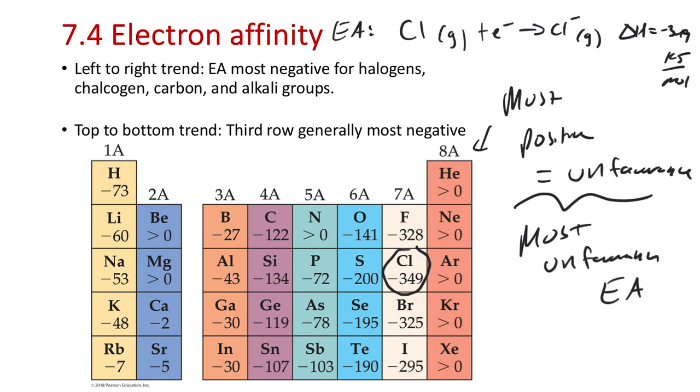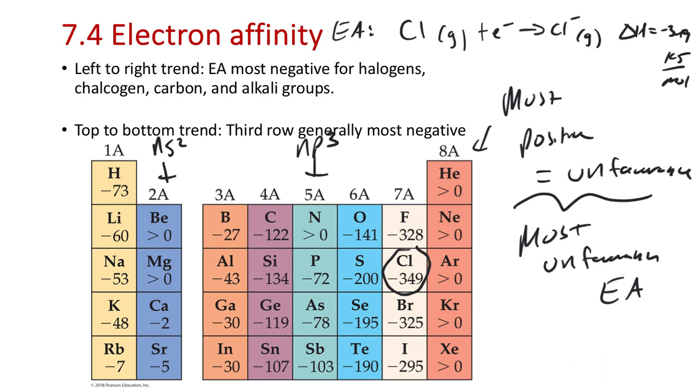The most positive electron affinity is bad, because it means it takes energy for the element to absorb an electron. The other groups are mostly negative, with the exception of the ns2 group and the np3 group. For the np3 group, the value is high because you have to spin-pair an electron.